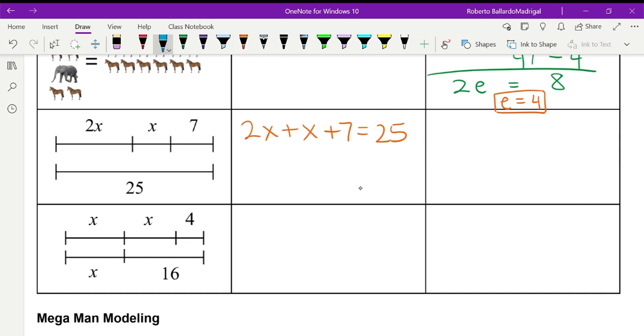Well, we can put this all together. 2x plus another x makes how many x's? You have 2 x's, you add one more, now you have 3 x's. So we have 3 x's plus 7 equals 25.